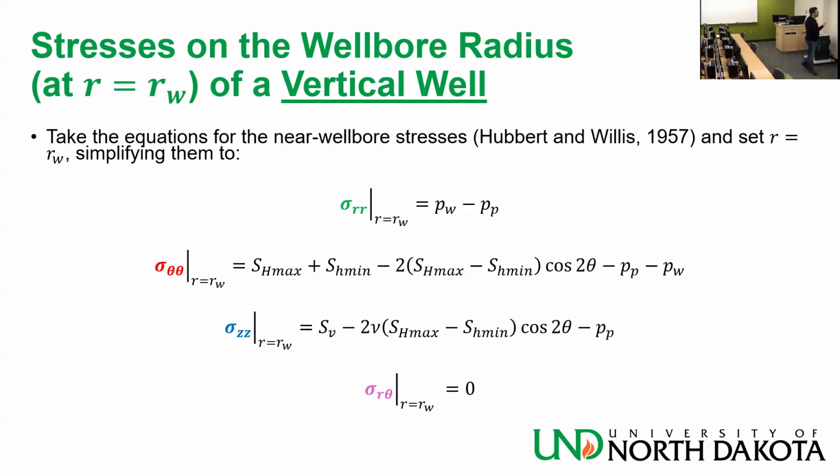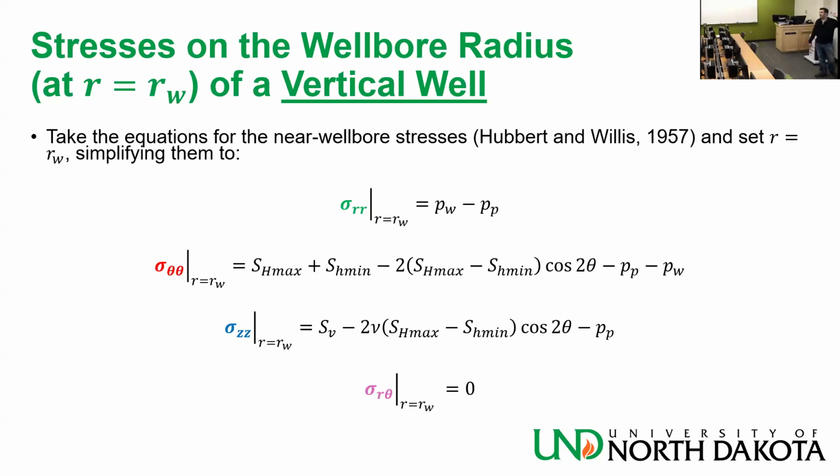There are several ways you can do the transformation. I want to move from a vertical well, sigma ZZ along the Z-axis, to a horizontal well. There are several ways you can mathematically manipulate the equations for that. What I do is that I replace SH max with SV.